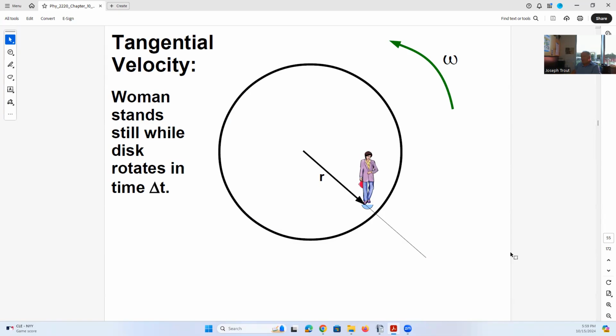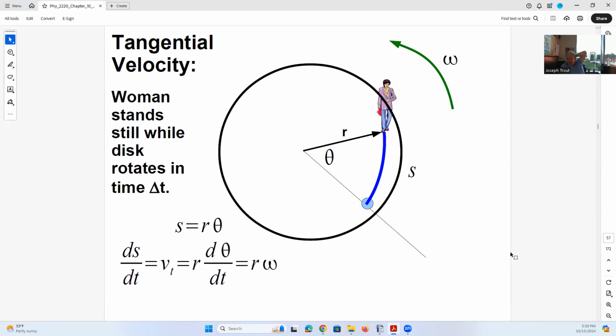Okay, so we want to talk about something called tangential velocity. Let's say this woman stands still on a disk that's rotating, and she moves this distance. Really, we could define a velocity, which is just the distance s, the blue line, divided by the time it took. So we have s equals r theta.